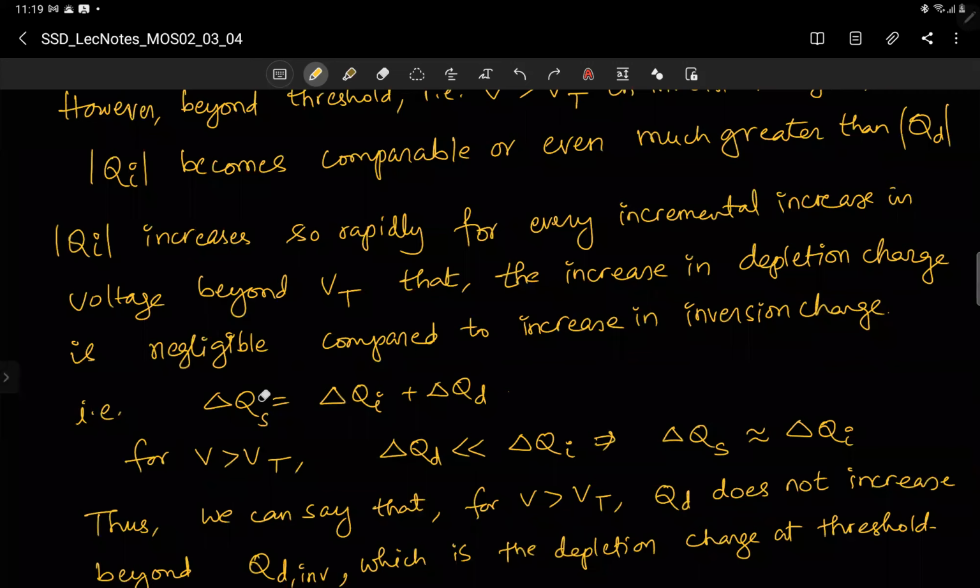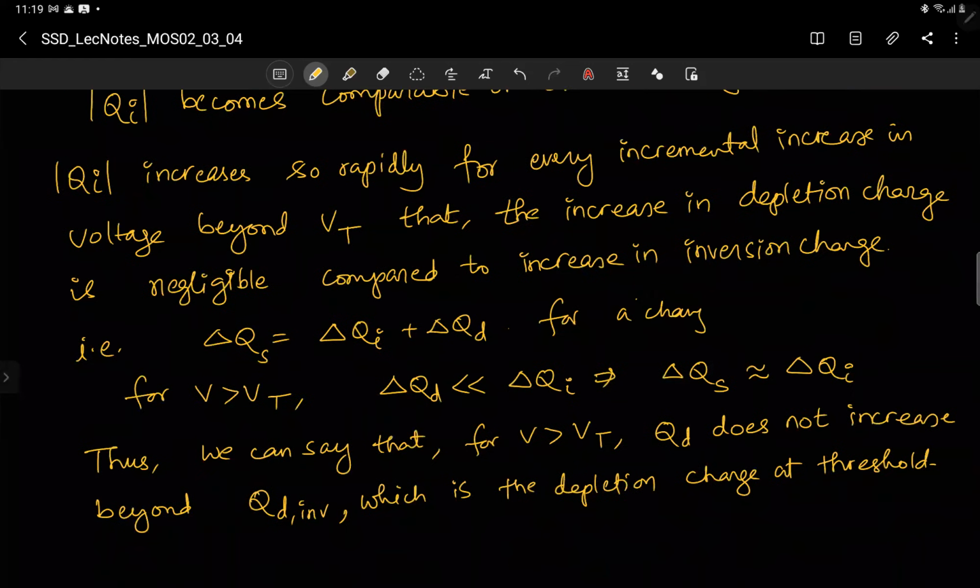So for V greater than VT, for a change of delta V, mod delta Qd is much smaller than delta Qi.